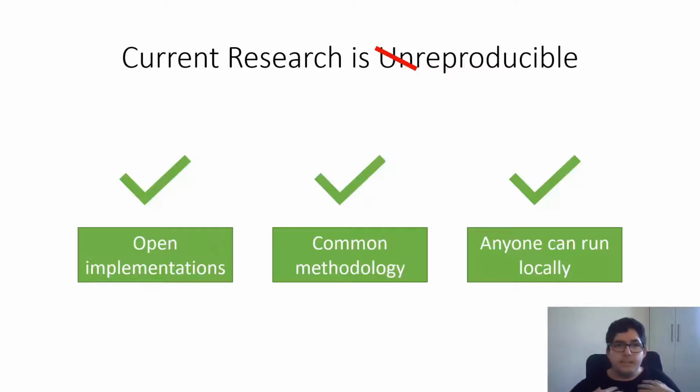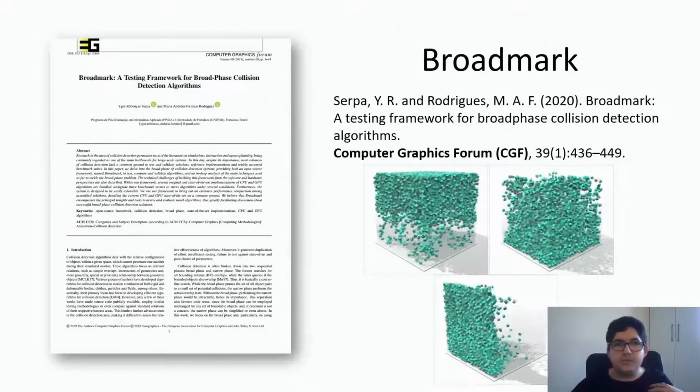And in my case, that's exactly what I've done with broad phase, which is something that I deeply love, and I would love to see more people seeing the beauty of those algorithms and seeing what the field has. And that's this work. That's Broadmark.